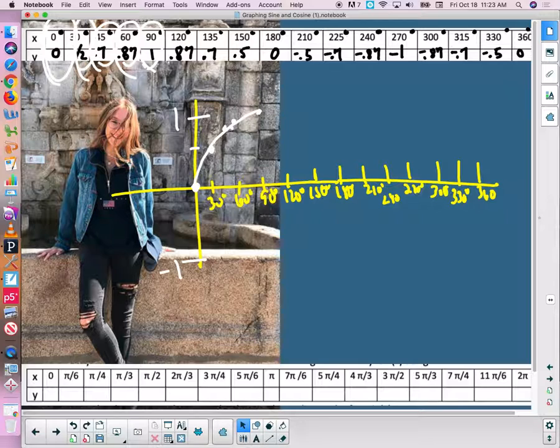Sine of 120 is 0.9. Sine of 135 is 0.7, which would be right in between these. And sine of 150 is 1/2. Sine of 180 is 0. Kind of missed my dots, but I think you get the point.